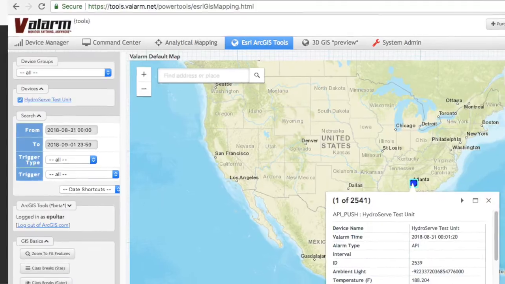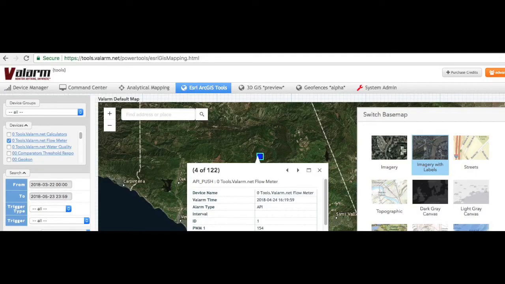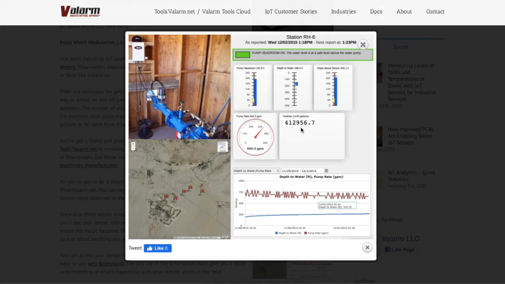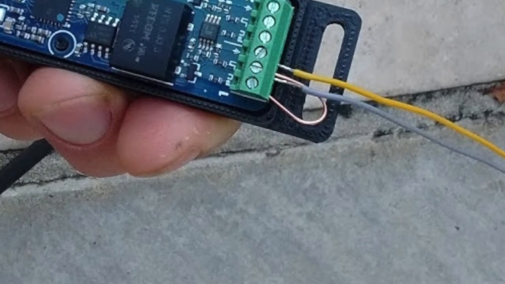The number of pulses corresponds to a real-world value you care about. For example, each pulse from a micrometer flow meter might mean that 10 gallons or 40 liters of water have flowed by.